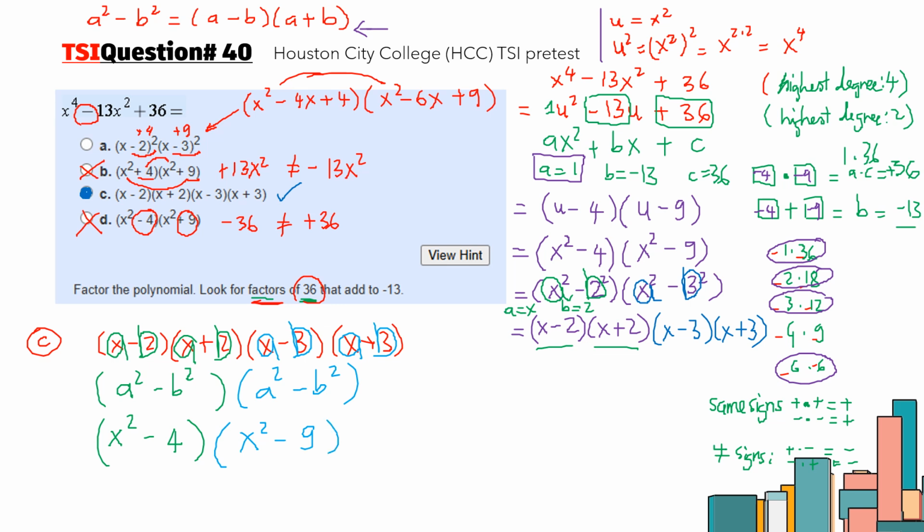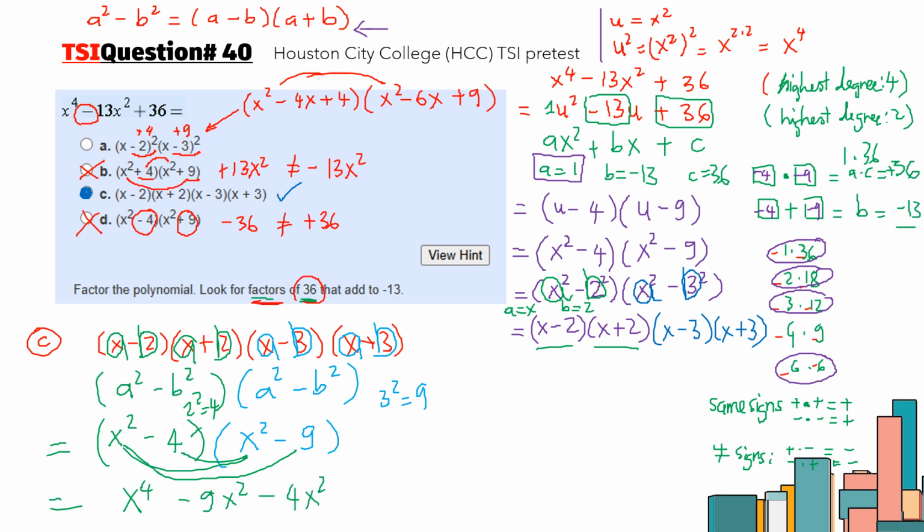This one, 3 squared is 9. This one, 2 squared is 4. So now I have this, and I will have x squared times x squared, that is x to the power 4, x squared times negative 9 is minus 9x squared. Negative 4 times x squared is minus 4x squared.